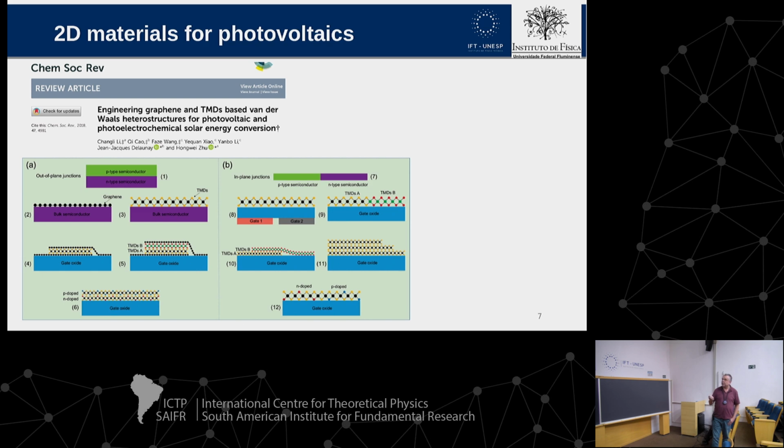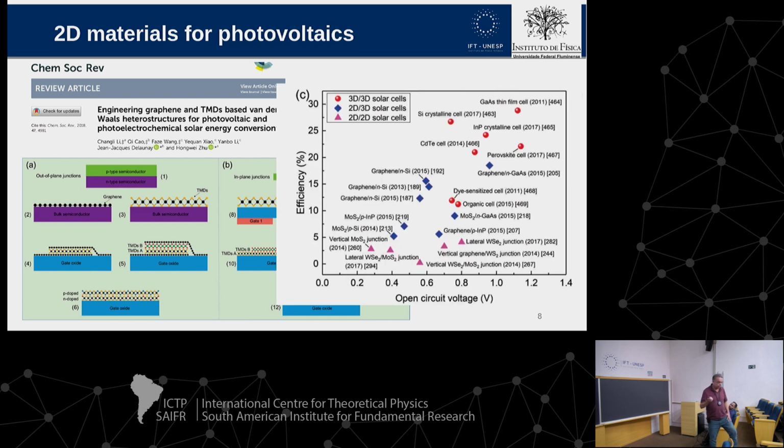We can have out-of-plane junctions, we can have in-plane junctions, we can have 2D materials with 3D materials. We can have some systems where the light interacts only with 2D materials. And here I show the efficiency of 3D solar cells. For instance, gallium arsenide and silicon solar cells have very high efficiency.